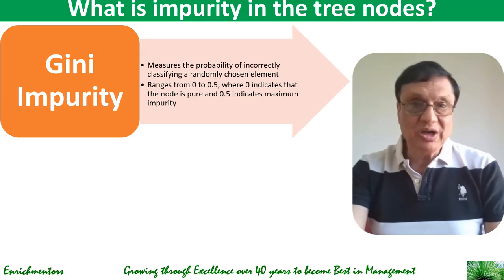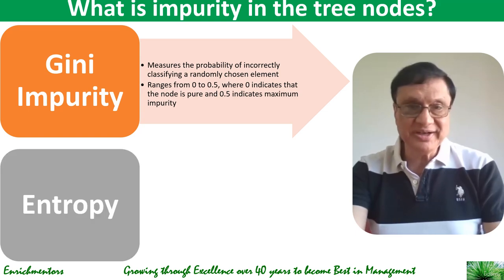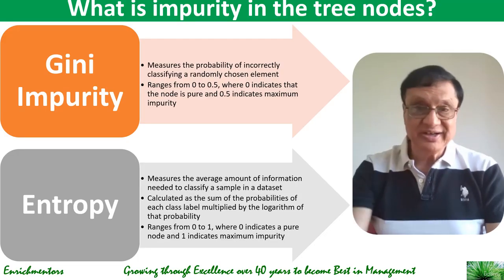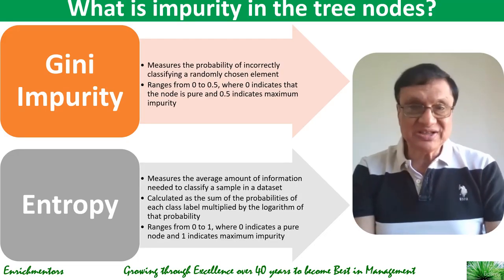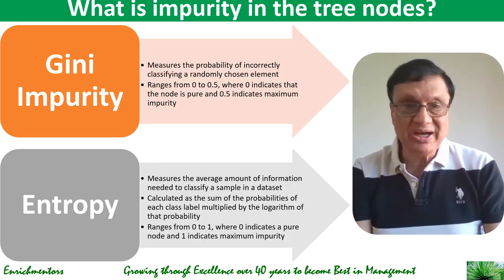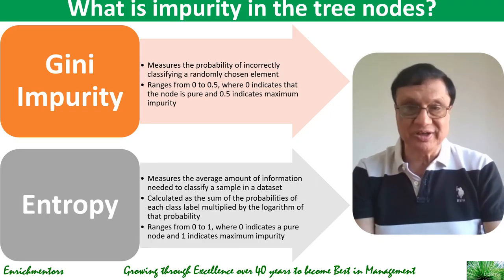The second method is looking at entropy. Now what is entropy? Entropy measures the average amount of information needed to classify a sample in the data set. It is calculated as the sum of probabilities of each class label multiplied by the logarithm of that probability.